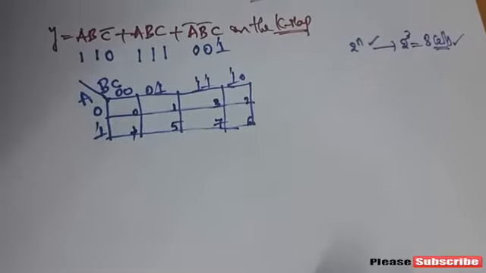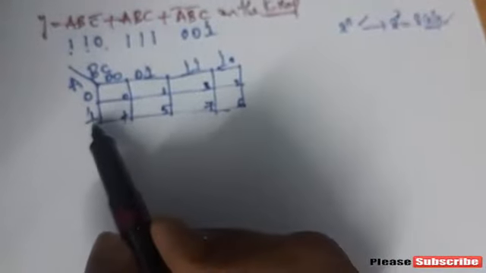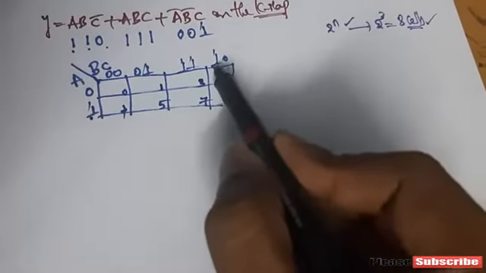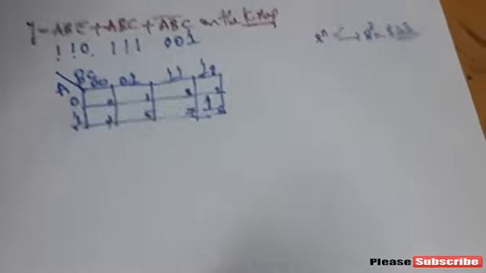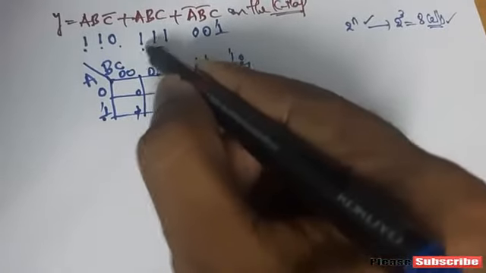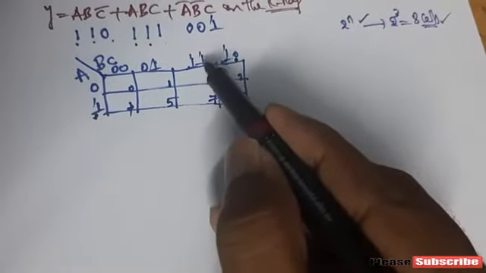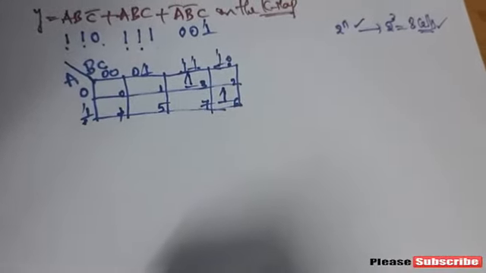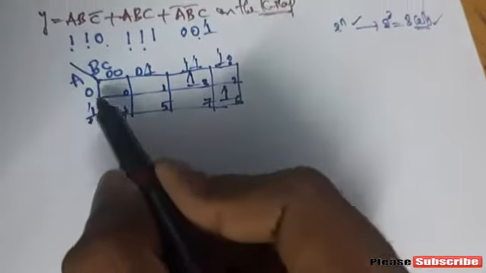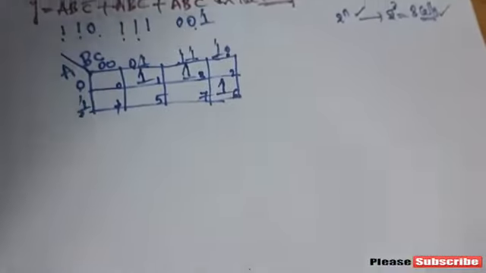Here first you can observe 1 1 0, and there you put the 1. Next you can see 1 1 1, and here you put the 1, which is the min term representation. Next 0 0 1, and here you put the 1.